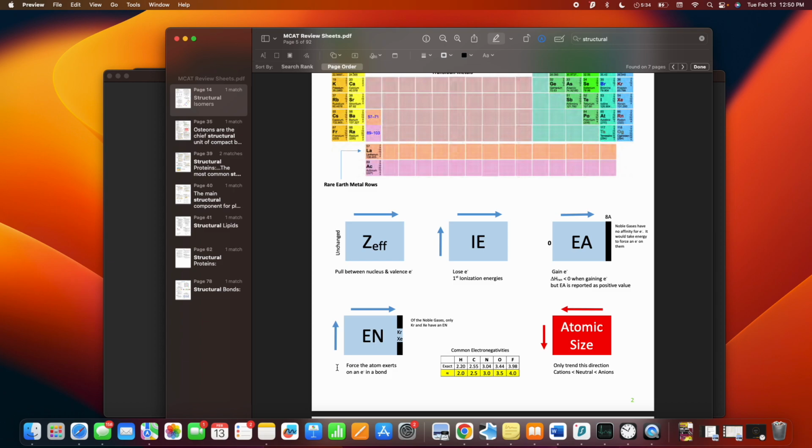The force the atom exerts on an electron in a bond, the force between the atom and the electron in the bond, is electronegativity.